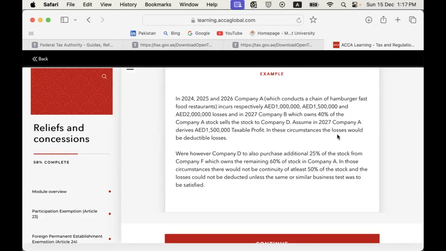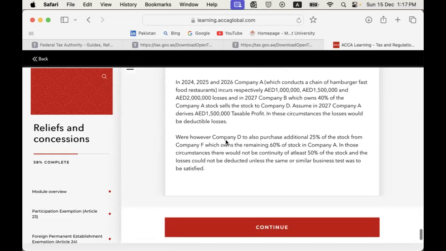In these circumstances, the losses would be deductible losses. Were, however, Company D to also purchase an additional 25% of the stock from Company F, which owns the remaining 60% of the stock of Company A. So this was Company A basically.